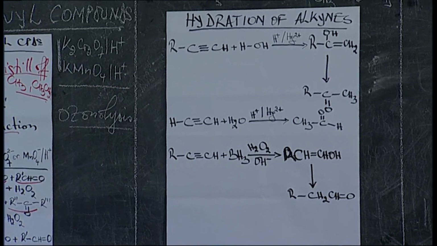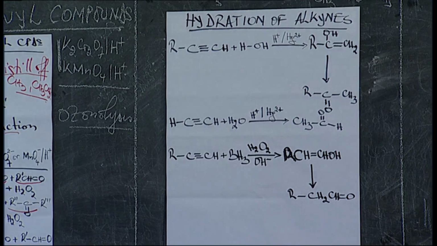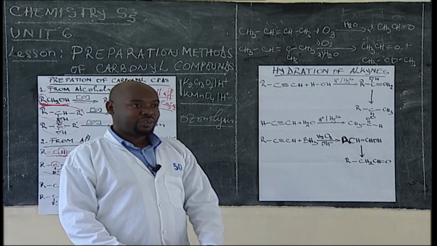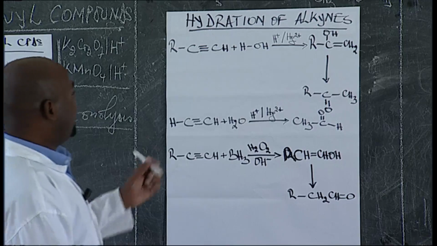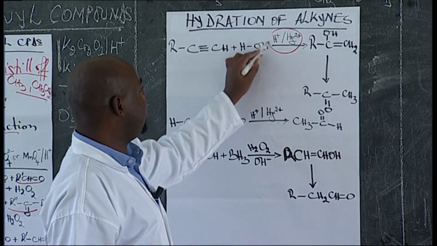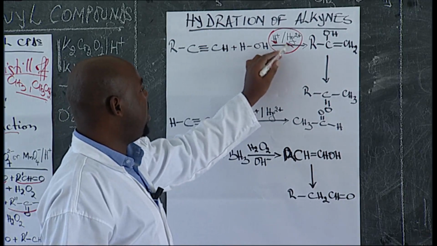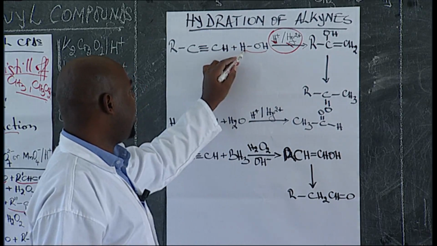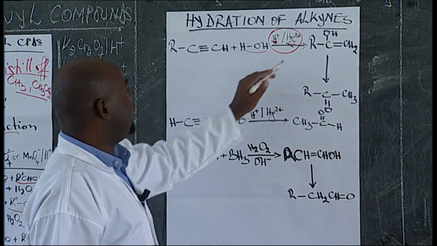Alkynes react with water in acidic medium and in the presence of a mercury salt as a catalyst to produce carbonyl compounds. And here you can see what I'm saying: the acid and the mercury salt, the water we add, and the OH.